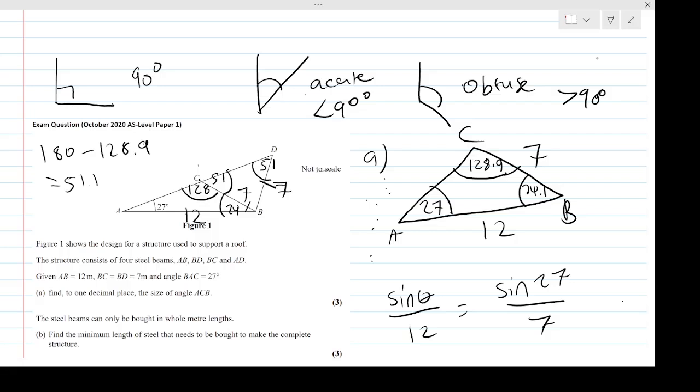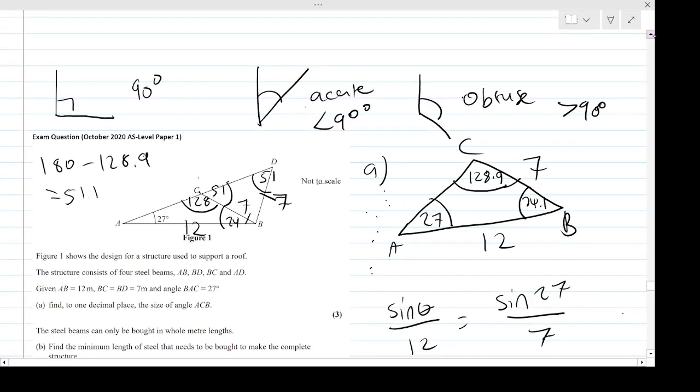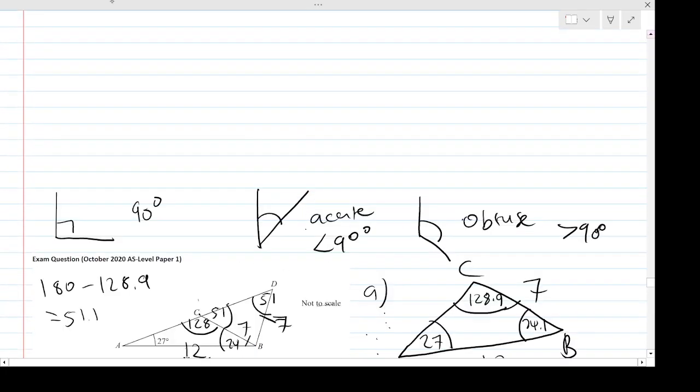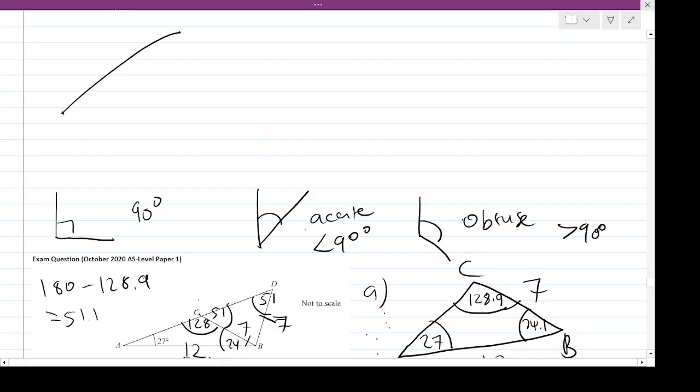Well, actually, if I draw the whole triangle ADB, let's do it up here.